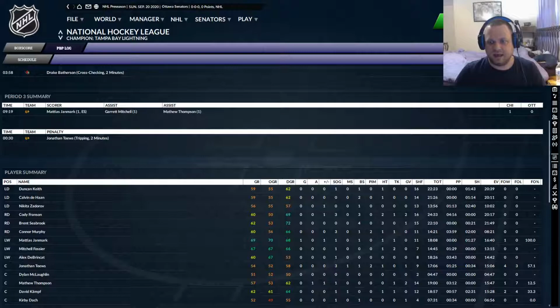A lot of times, and that's something that surprises a lot of people, if you look at who are the worst at giveaways in any given season in the NHL, you're gonna look at the top 10 worst giveaway players. They are almost always some of the best players in the league. And the reason for that is that the best players in the league tend to have the puck a whole lot more than the average players.